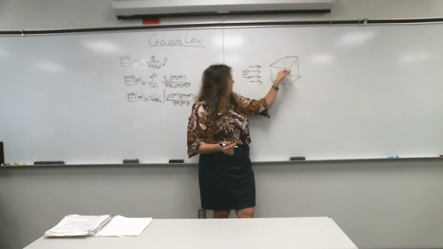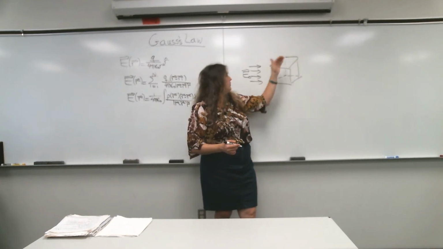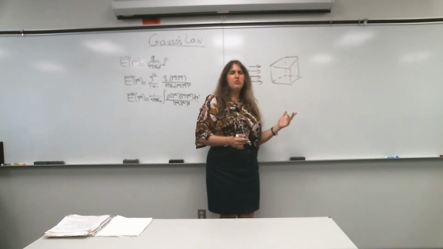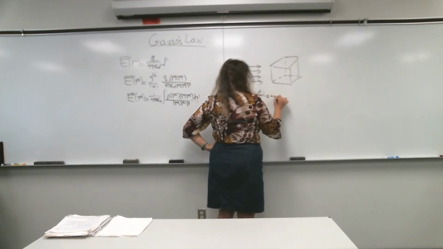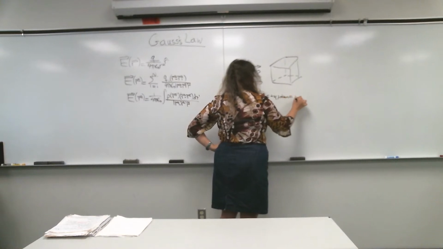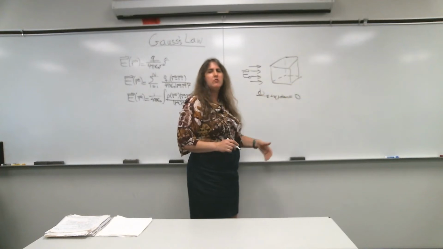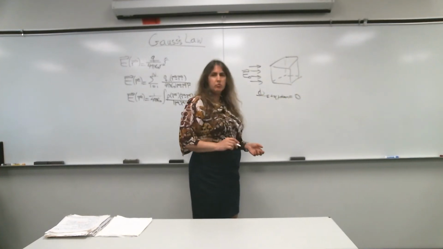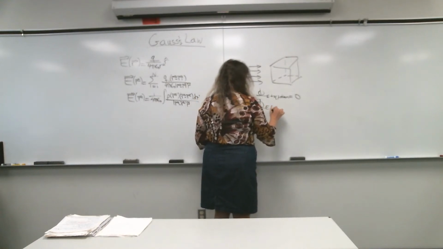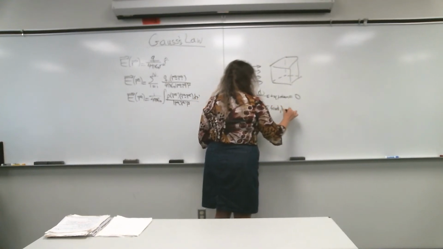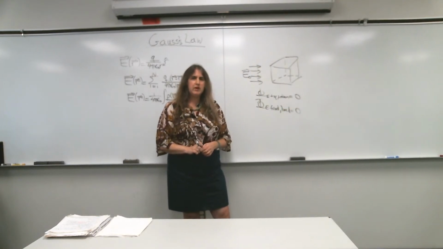So the tops and bottoms are therefore parallel to our electric field, so there's no contribution from either of those. So top and bottom both vanish. From the front and back, likewise, we don't have any flux passing through those surfaces either. So flux for front and backs vanishes.